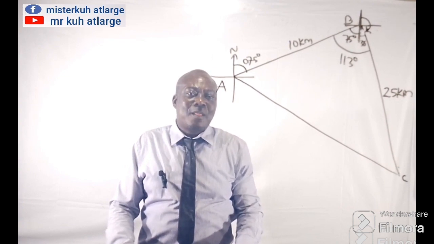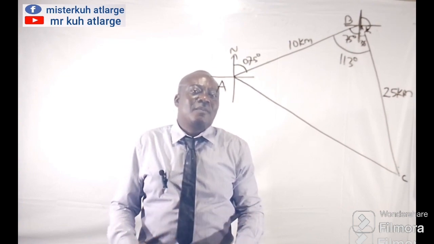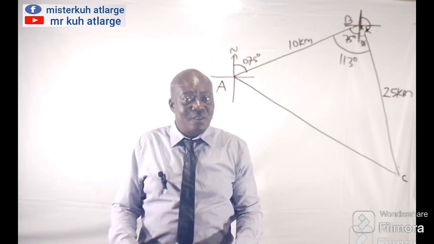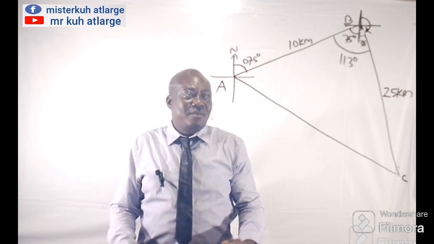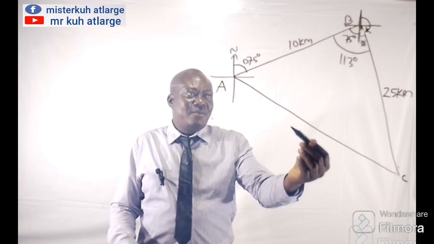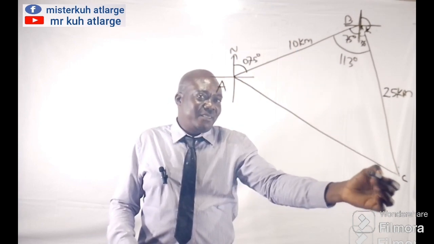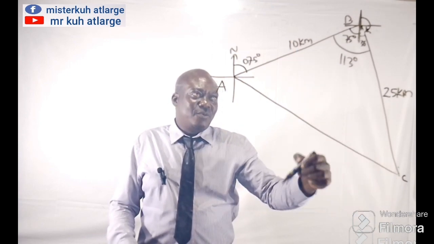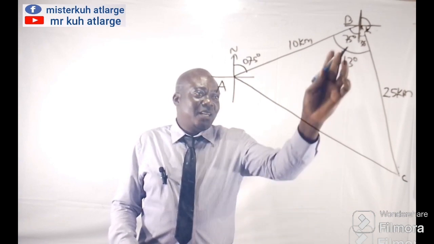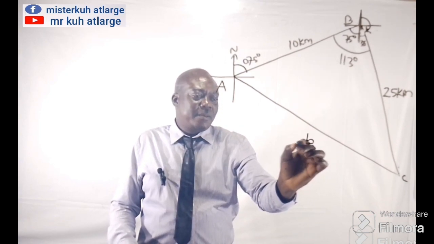So this question will now be solved by cosine rule, because sine rule cannot work here. With sine rule, you say this over sine of this angle, which is not given. So we use cosine rule, and this place is now B.